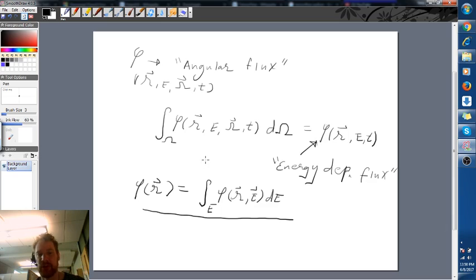Now, just an interpretation of these integrations. Notice that these integrations are with respect to state space variables rather than physical or positional variables. And this is something that really messed me up when I first started in this field.